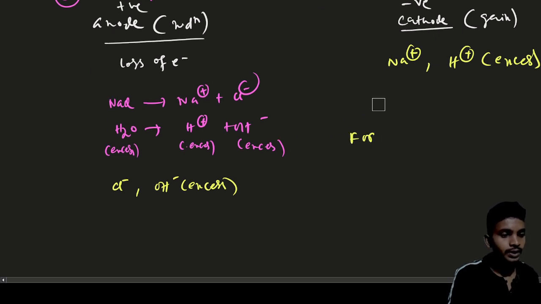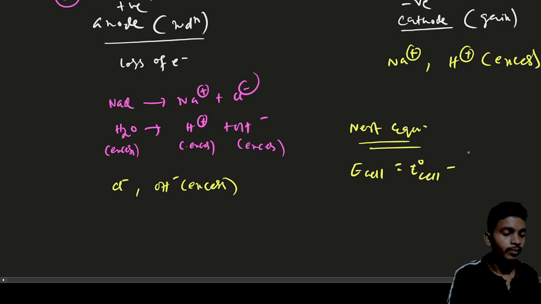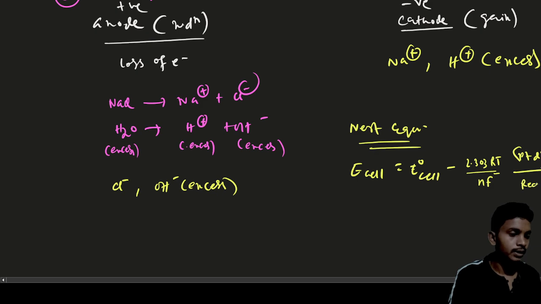We will study the Nernst equation in another class. In the Nernst equation, E cell equals E naught cell minus 2.303 RT by nF, times the log of the concentration of products divided by the concentration of reactants.